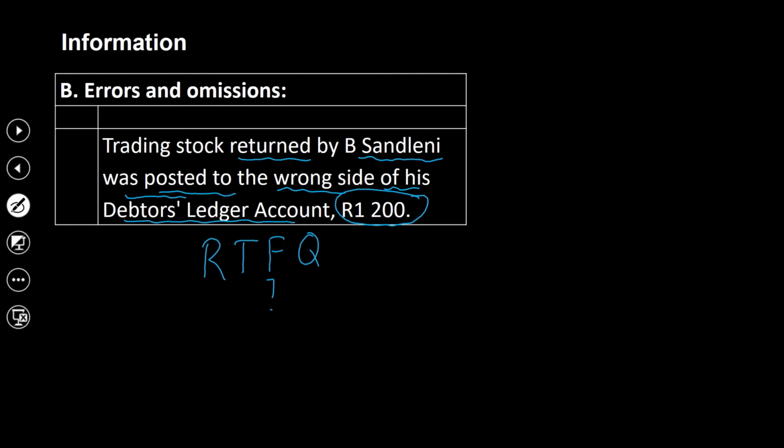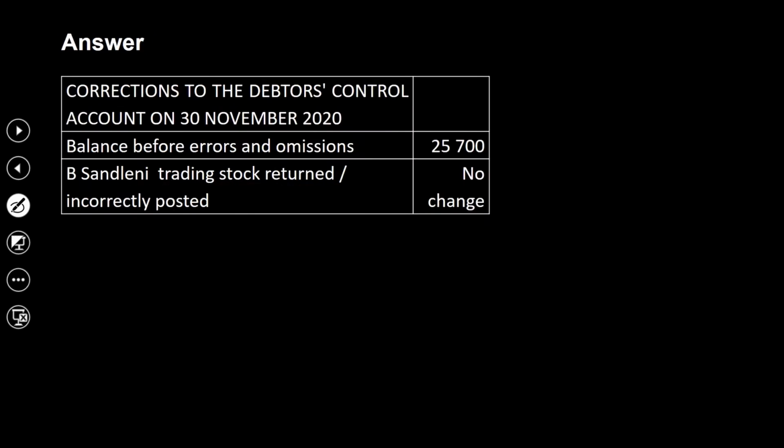It was posted to the wrong side of his account, where in the debtors ledger, meaning your control account is correct. In other words, this return by Sandleni has no effect, there's no change on my control account. Why?